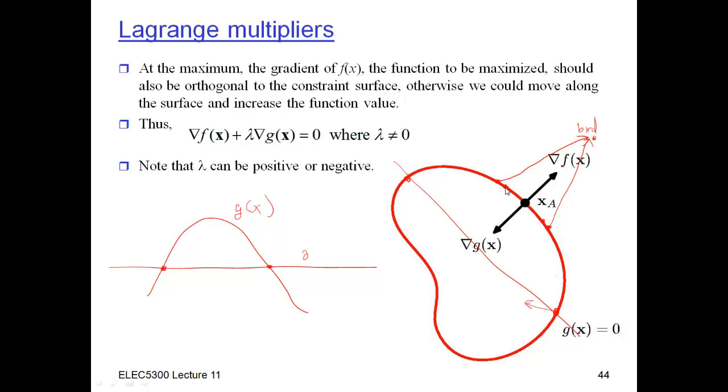And so when is the bird sound going to be the loudest it can be? I'm going to keep on moving over here, and only at this point here, where I'm exactly facing straight out away from the surface, which is the exact opposite direction of g of x, the gradient of g of x in this case, then I can't move to the left and the right anymore. I just have to stay here and listen to the bird.